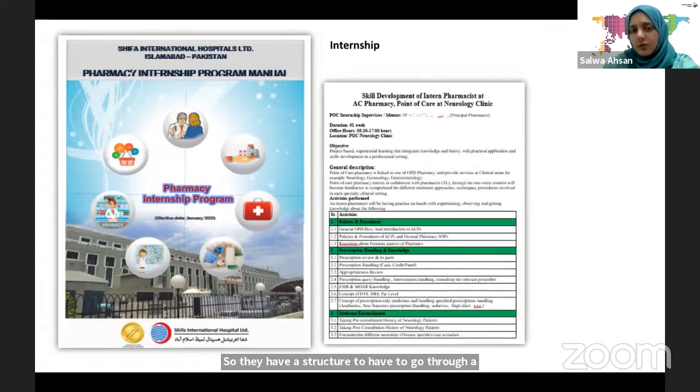So I'll just show you one of the examples that our colleague developed in the ambulatory care pharmacy, the point of care at neurology clinic, where the pharmacists are doing medication reconciliation and adherence monitoring. So for example, if the intern is rotated in that area, what are the learning objectives he or she has to undergo, and what experience they can gain out of it. That's already written and pre-documented.